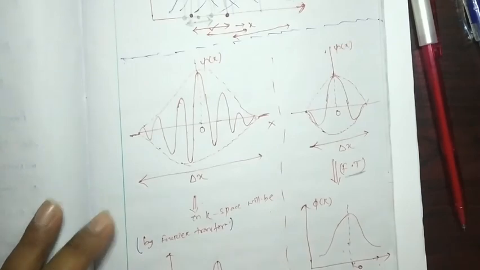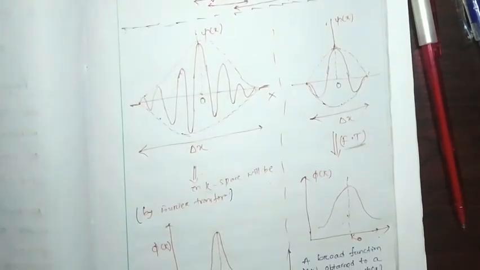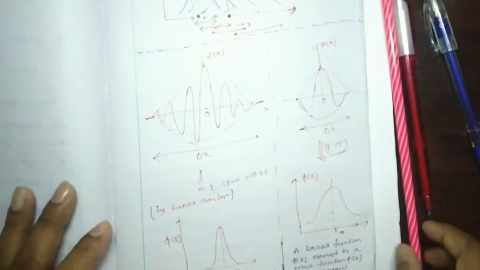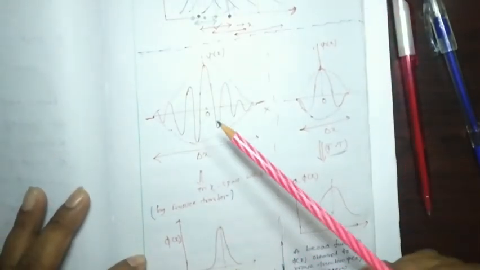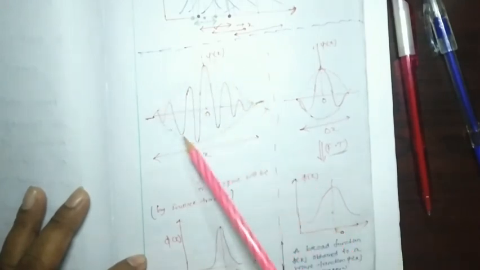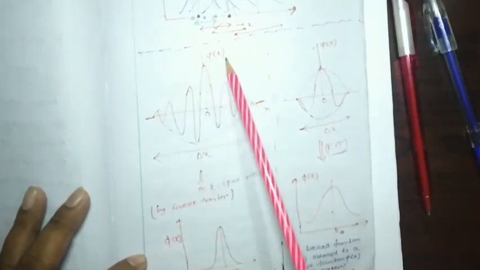Now this is another representation that you have to know. It will be required in many places, so you have to remember it, or at least know it. Whether to remember or not depends upon you. Here you can see this is nothing but your psi x.